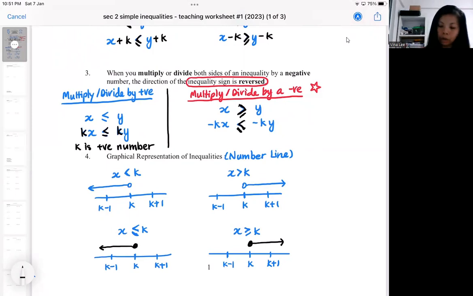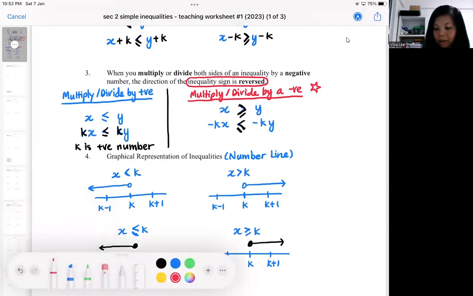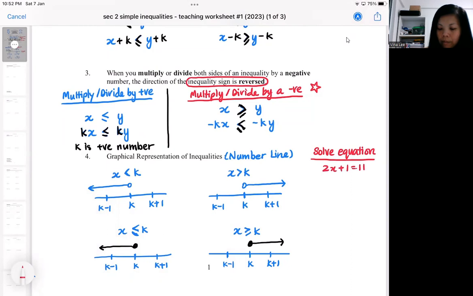Okay, before we go on to the numerical example, you need to understand the instruction first. Last time when you solved an equation, something like this, you had to find one x. That is called solving. So right now, when you want to solve an inequality, maybe I can give you something like this.